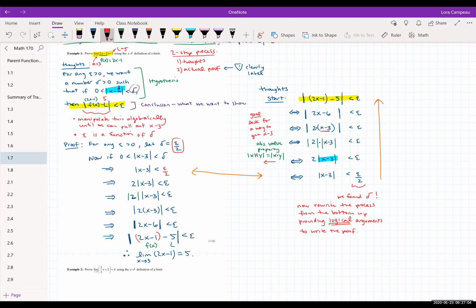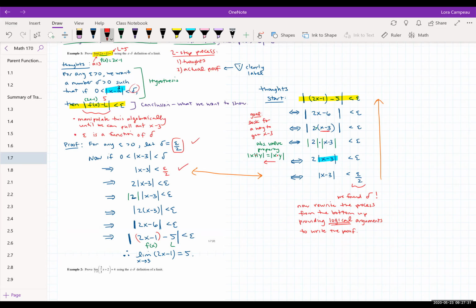When you find your delta, you start the proof with the formal definition or the formal hypothesis. You start off with what they assume to be true. Epsilon is greater than 0, it's a distance. And then you state who the delta is. So check, got that. Then you start off with the if part, so you assume that that's true, but you fill in your particular delta.